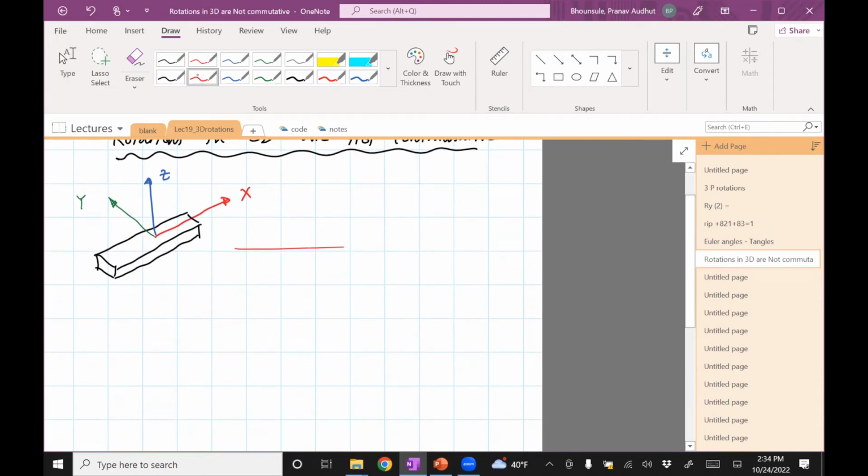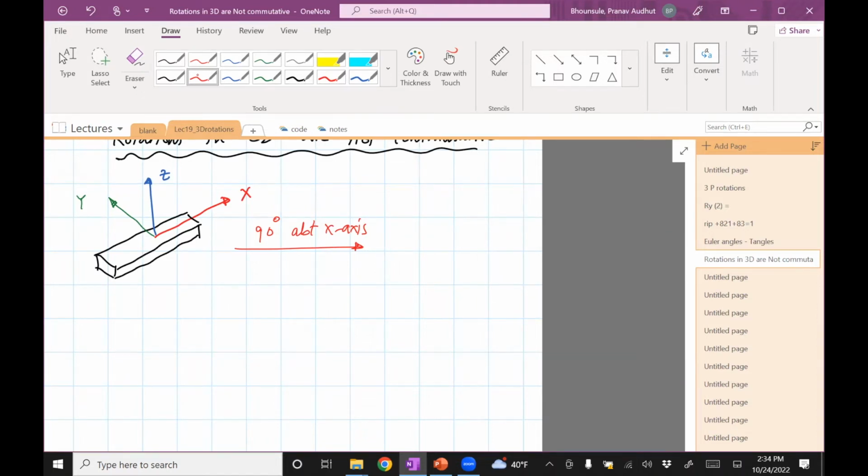So first, let's take this object and rotate it by 90 degrees about the x-axis. Okay, so what that means is you will take your right hand, point your thumb along the x-axis and curl your fingers.